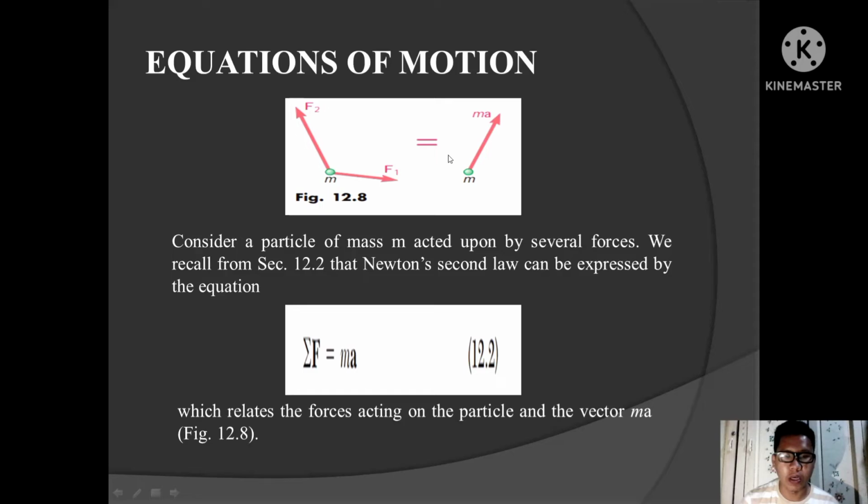Therefore we can conclude that this figure, the particle of mass acted upon by several forces, is equal to Newton's second law, equation 12.2, which expresses the forces acting on a particle in terms of the mass and acceleration.